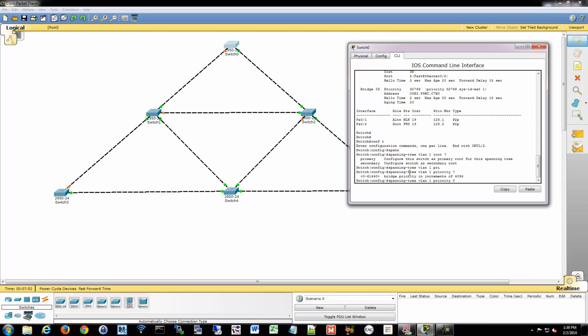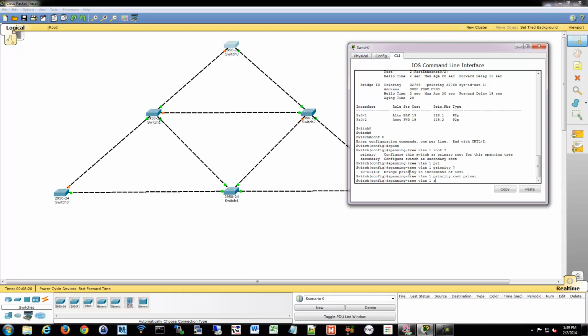Well, now we have two switches with priority of 0, and whoever's MAC is lowest is going to win. So you can have a situation where even though you did the priority level, you may still have some sort of takeover happen and cause problems. So we'll show how to guard against that issue a little bit later. But what we'll do is we'll just use the root primary keyword.